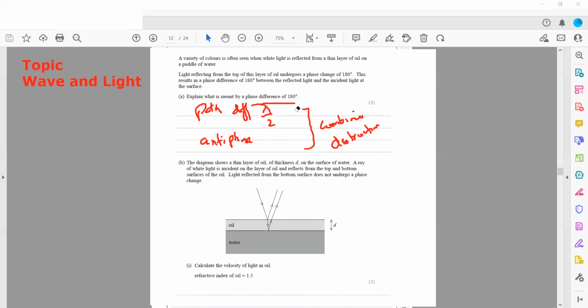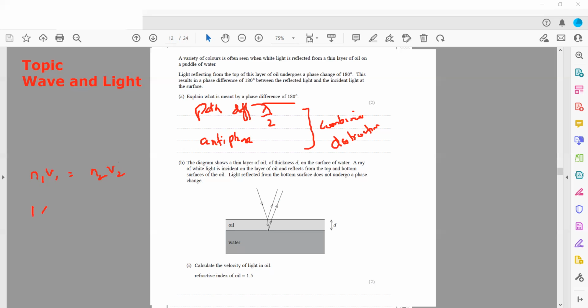So how can we work out the speed from the refractive index? We have the formula n1 sin theta 1 equals n2 sin theta 2, or refractive index and speed are inversely proportional to each other. So we can also say n1 v1 equals n2 v2. n1 is the refractive index of air, which is 1, because the light is moving from air to oil.